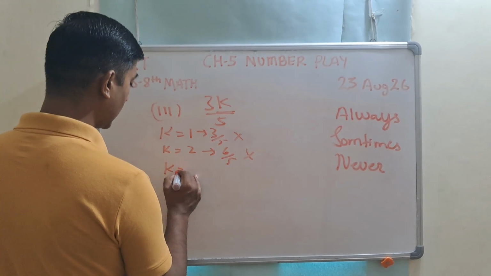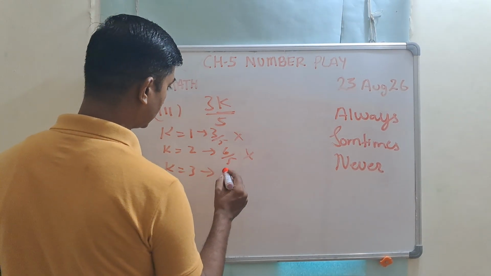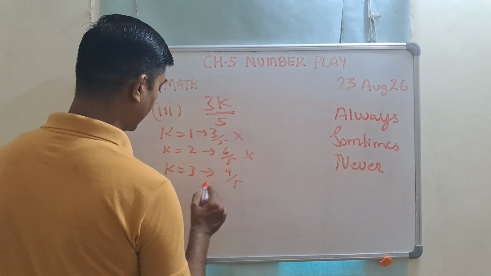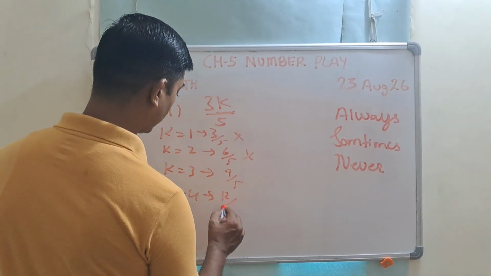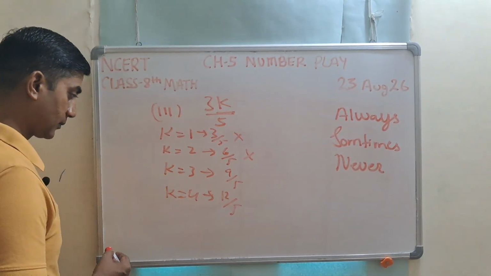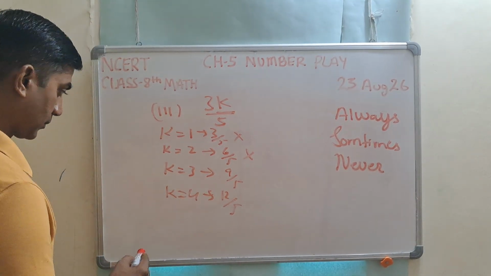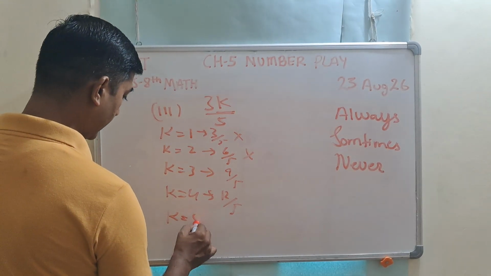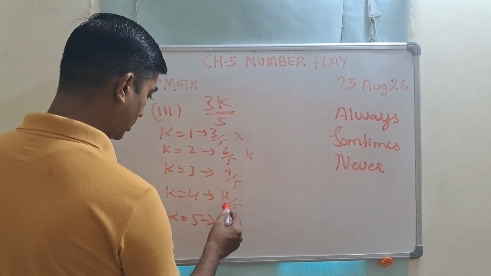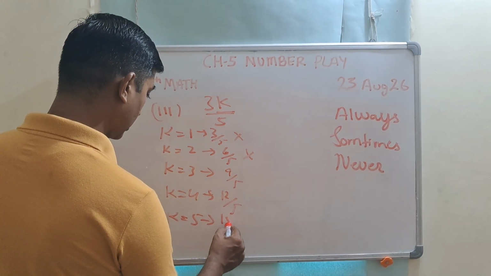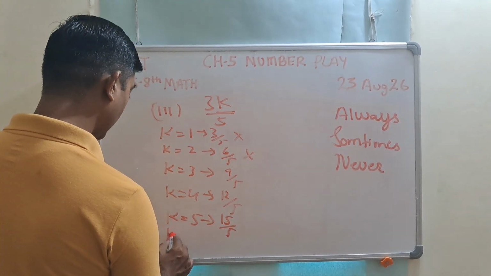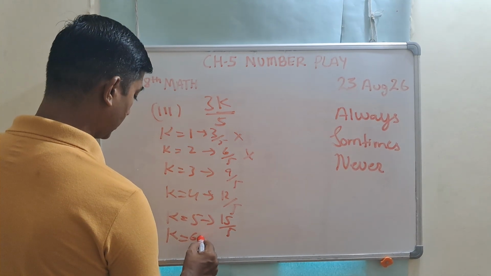K equal to 3 is 9 upon 5, k equal to 4 is 12 upon 5, k equal to 5 is 15 upon 5, k equal to 6.